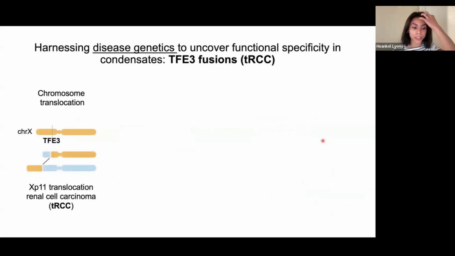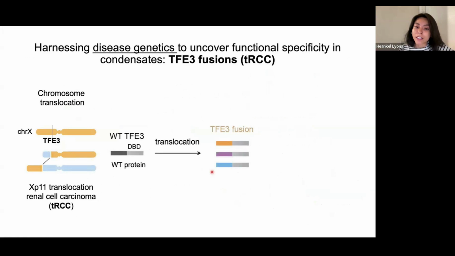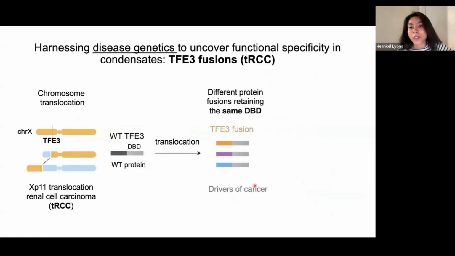And so lately, we've been trying to use a different approach to get into the rules of specificity. And for this approach, we're using disease genetics of translocation renal cell carcinoma. And so TRCC is a type of kidney cancer where TFE3, a gene, gets fused to a number of partners. And in this case, the DNA binding domain of TFE3 gets fused to these proteins that are now oncofusions, and they drive the disease.